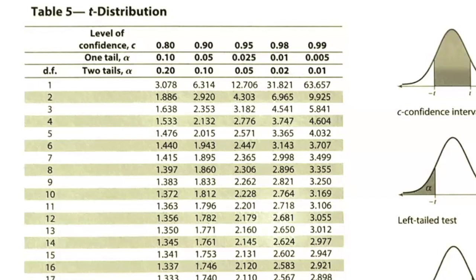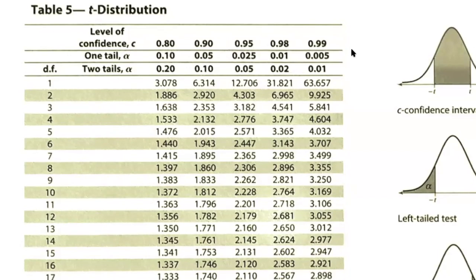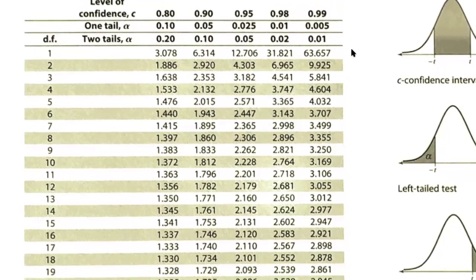In order to determine the critical value for this t-distribution, you need to use Table 5. Table 5 is provided in the very back of your textbook. I will post it as a PDF as well. You'll notice the first column is labeled degrees of freedom, and then you have levels of confidence going across the tops of the columns. In this example, the degrees of freedom are 14.